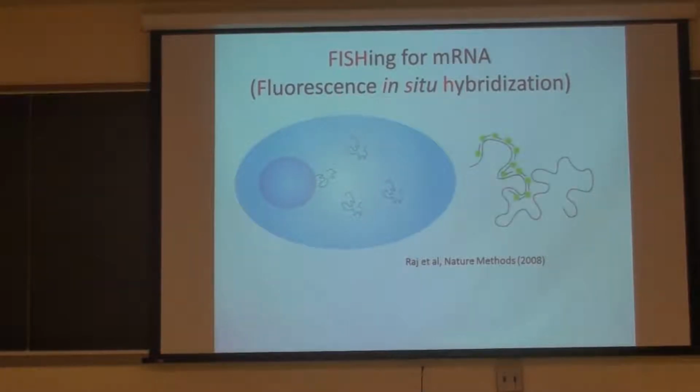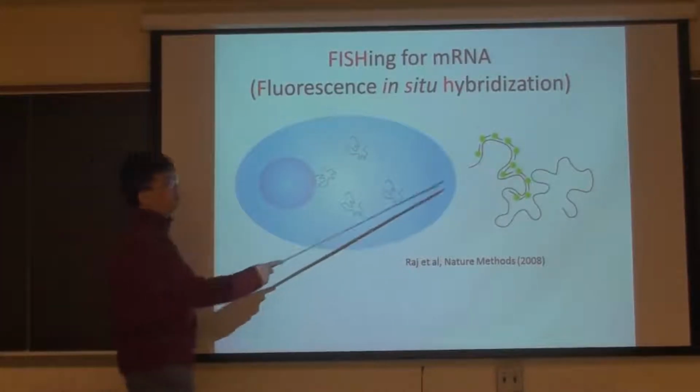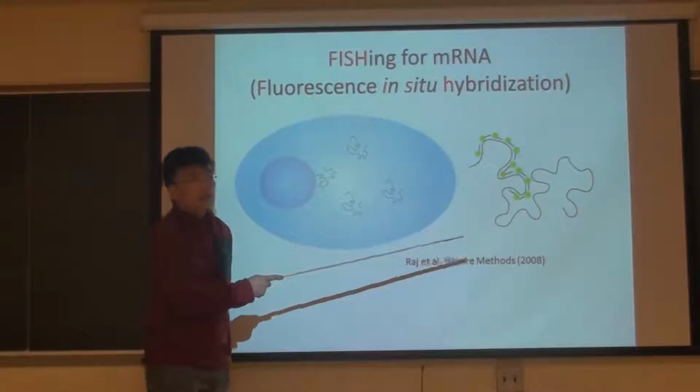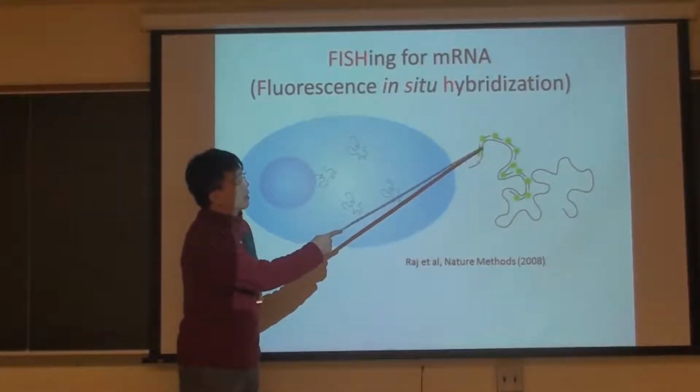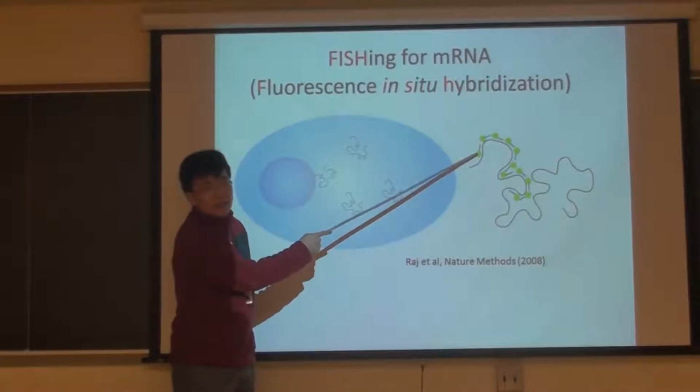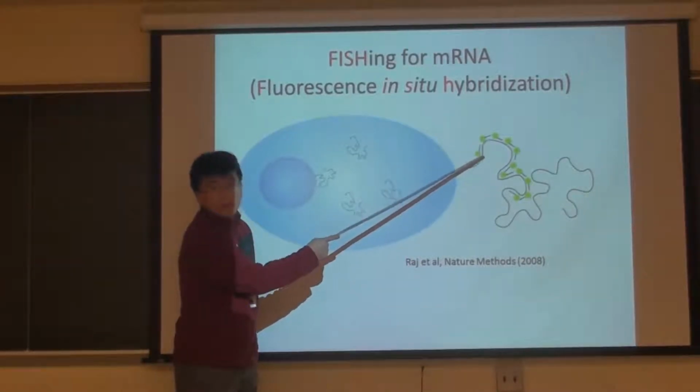So one version of the FISH method is shown here. If this is your messenger RNA that you're interested in detecting, then you can design DNA probes, 20 bases in length, that are complementary to the sequence of RNA right here.